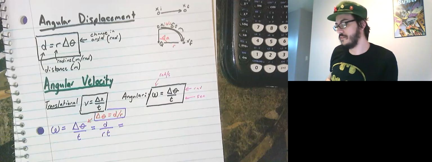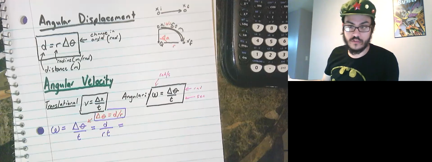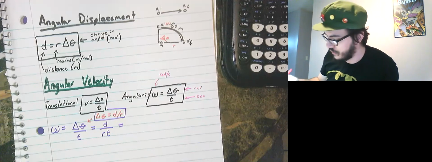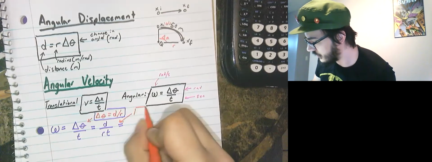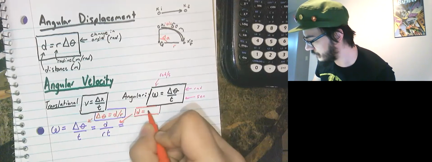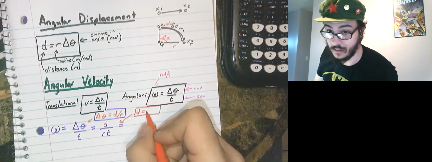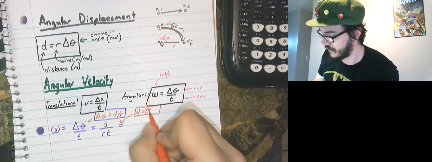Remember, we're talking about if they gave you something in revolutions per minute or revolutions per second or revolutions per year or whatever. Revolution is a complete circle. The distance around a complete circle is 2 pi r.